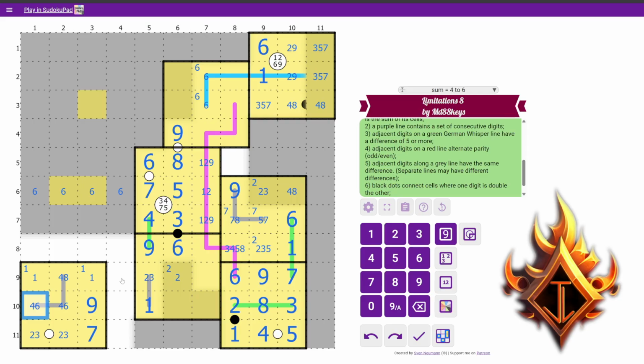If it's 4, 5, 6, then it has to be 5 here. So that's 4, 8. Okay, didn't really help. And then these will be 5 or 8. That might be a bit crazy. Crazy marks, but whatever.